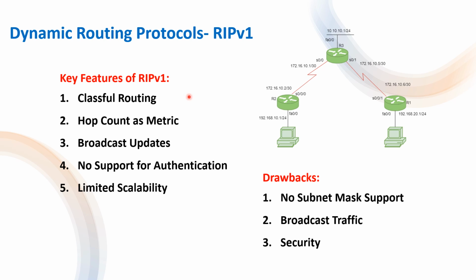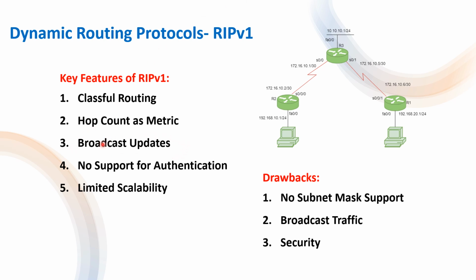It only works with classful IP addresses, which limits flexibility in addressing. It uses a hop-count metric to determine the best path with a maximum of 15 hops. Any route with a hop count of 16 is considered unreachable.